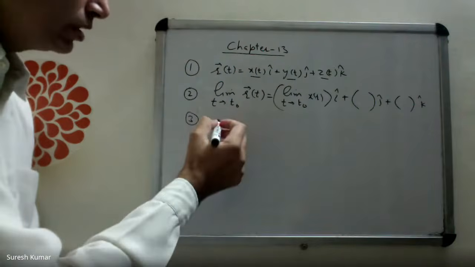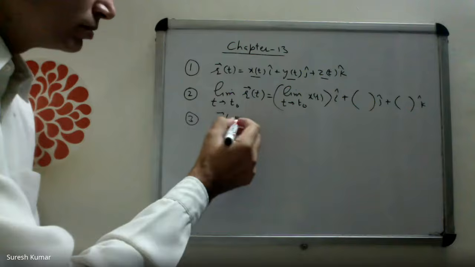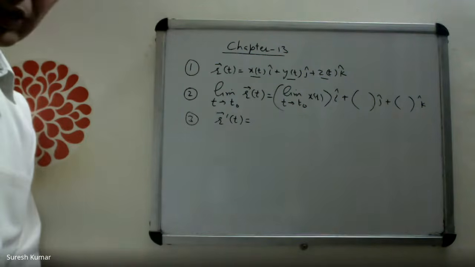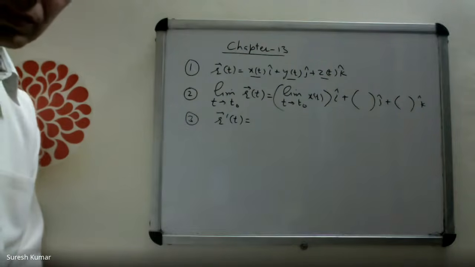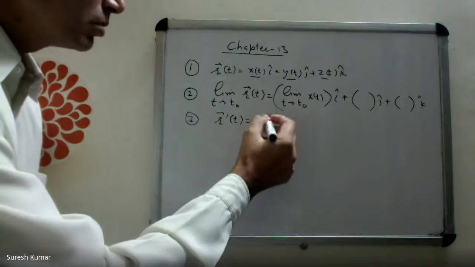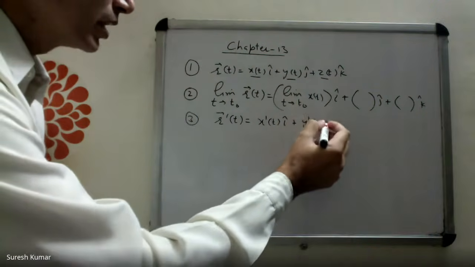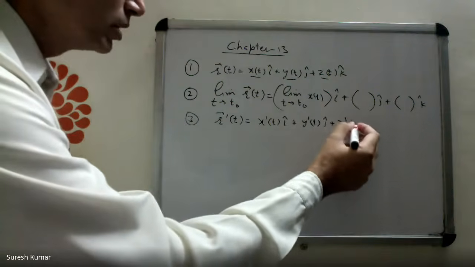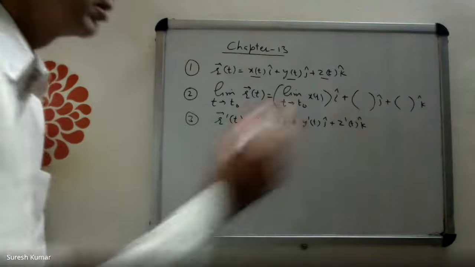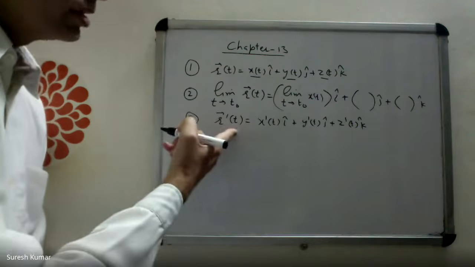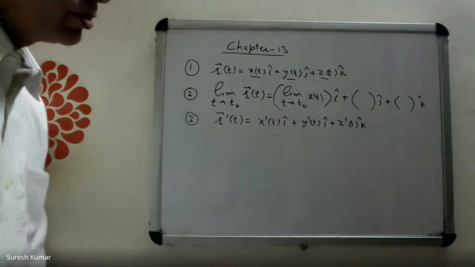Differentiation of r(t), derivative of r(t), r prime t. So how to find it? It is x prime t i cap, y prime t j cap plus z prime t k cap. Means derivative of r(t) is the same as taking the derivative of the components.